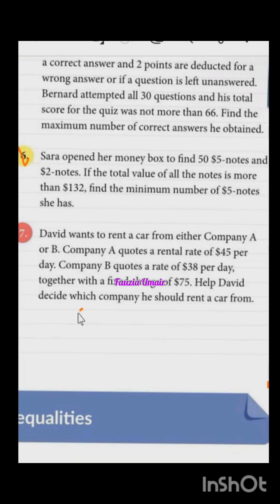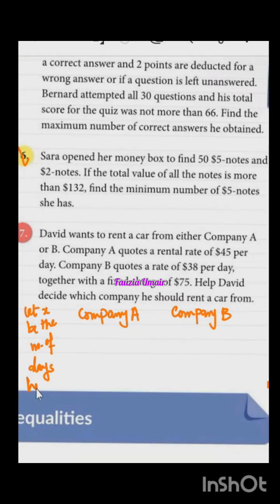So we will write down the offer of company A and company B here. Let x be the number of days he wants to rent a car.